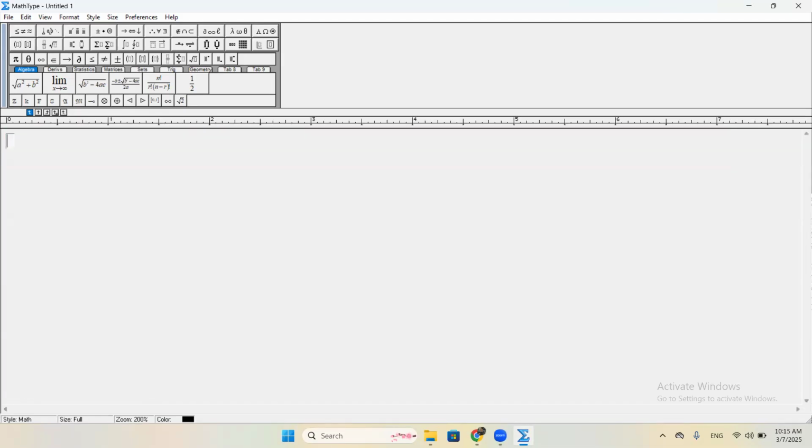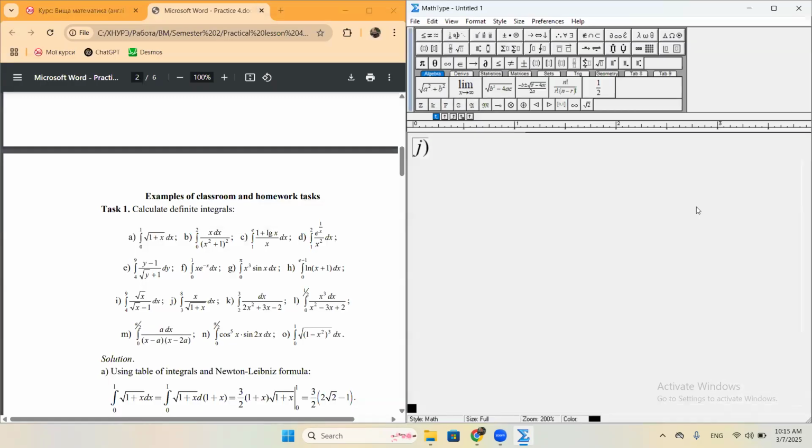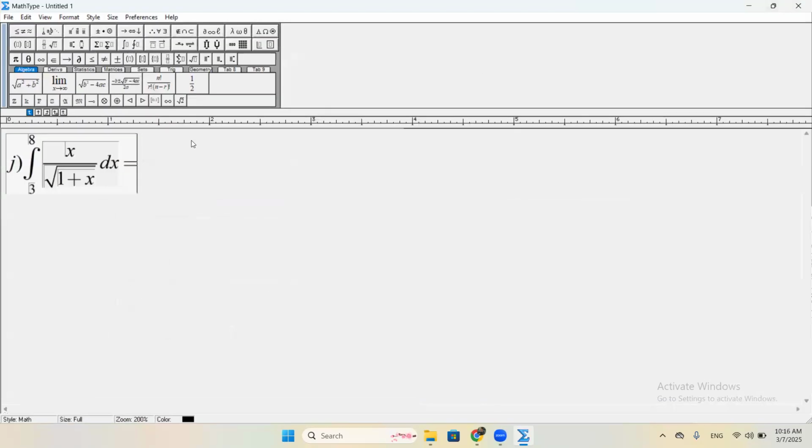Let's calculate one more exercise related to substitution of variable, and then we will have a break. So the integral from 3 to 8, and the integrand is x over square root of 1 plus x, dx, and again we do the substitution. We substitute all this expression under the root as t.